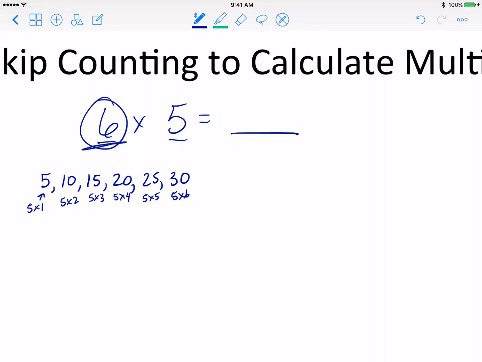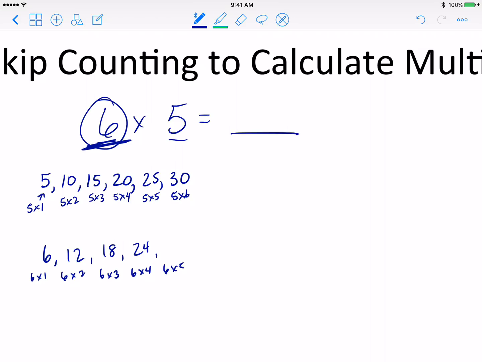If we listed them, if we skip counted by 6s, we're going to list the multiples of 6. We're going to start with 6, and then 6 plus 6. So this would be 6 times 1. And this one would be 6 times 2, so that would be 12. Then we do 6 times 3, 18. 6 times 4 is 24.